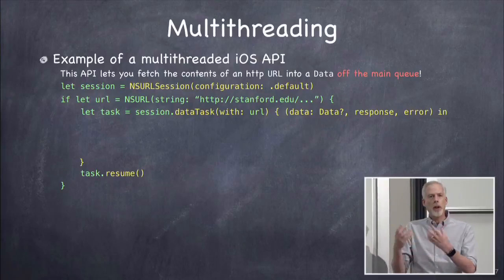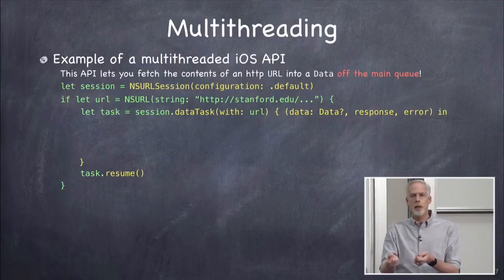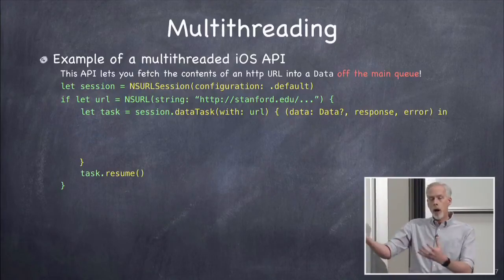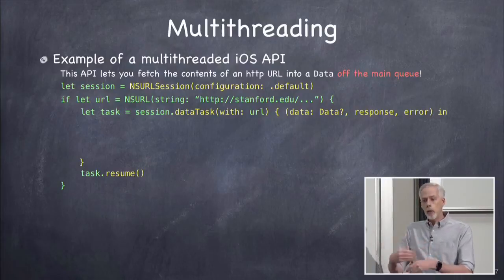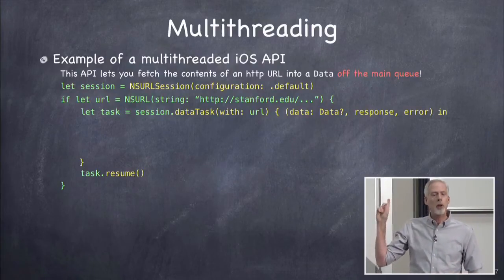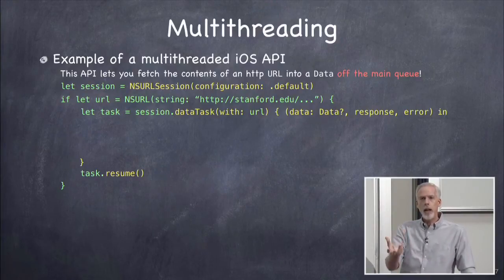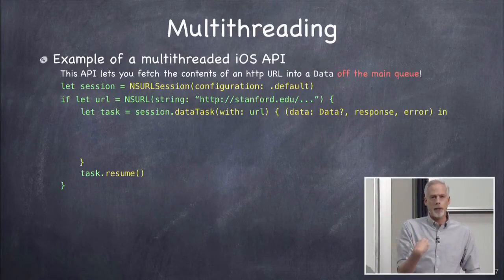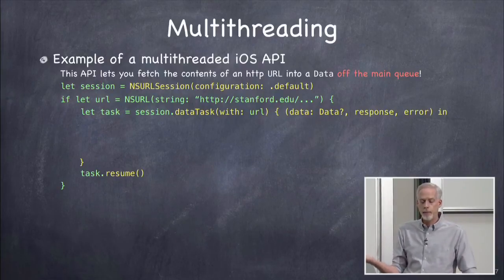What this does is it creates a data task object with that URL that you want to get. When you send it off to fetch it, when it comes back, it will call this closure, and this closure has 3 arguments: the data it got from the URL, the URL response, and then some error if some error happened trying to get it.